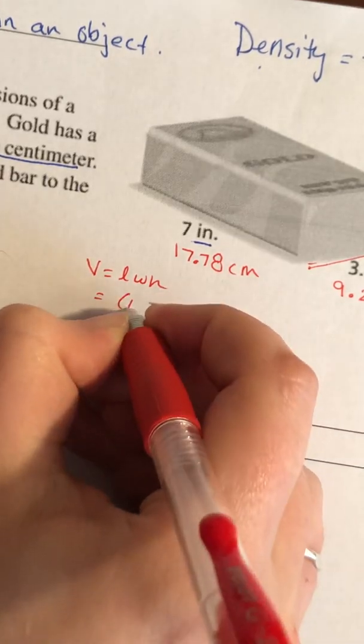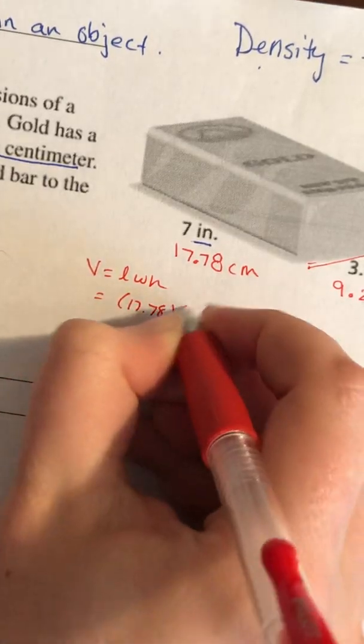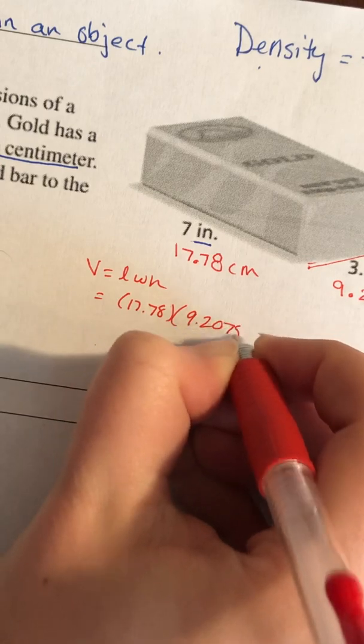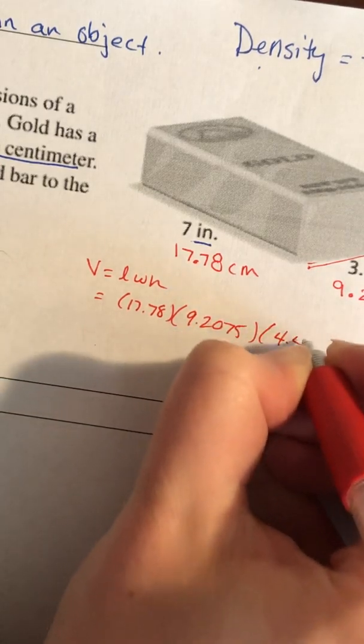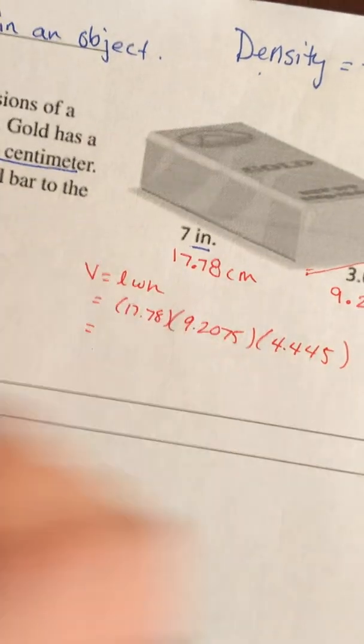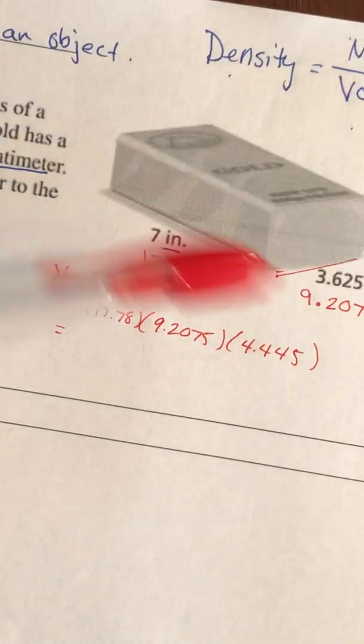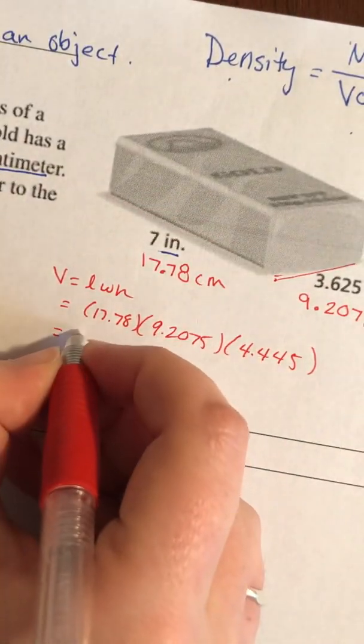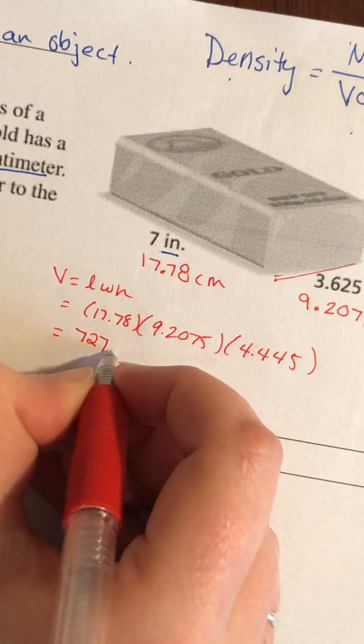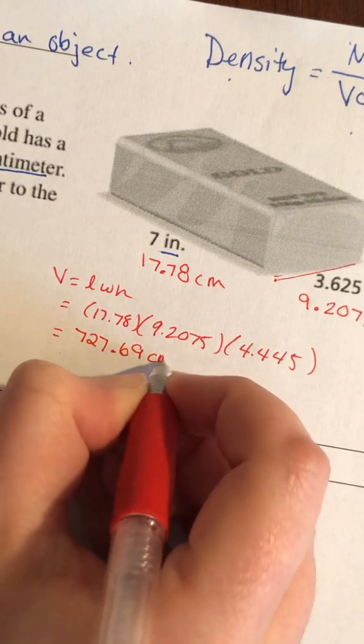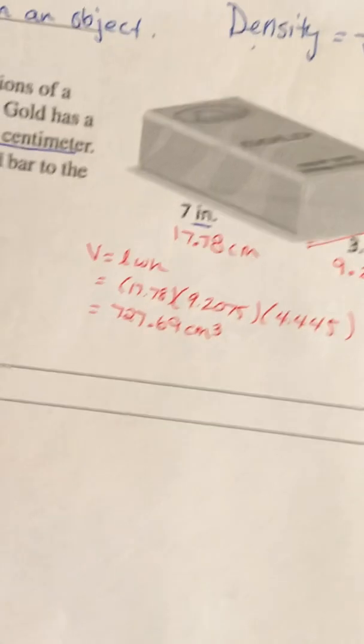So 17.78 times 9.2075 times 4.445. So the volume of this gold bar is 727.69 centimeters cubed.